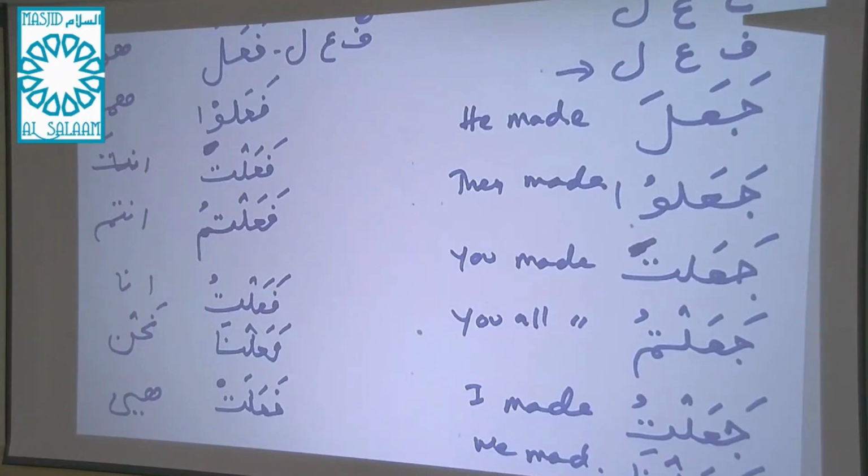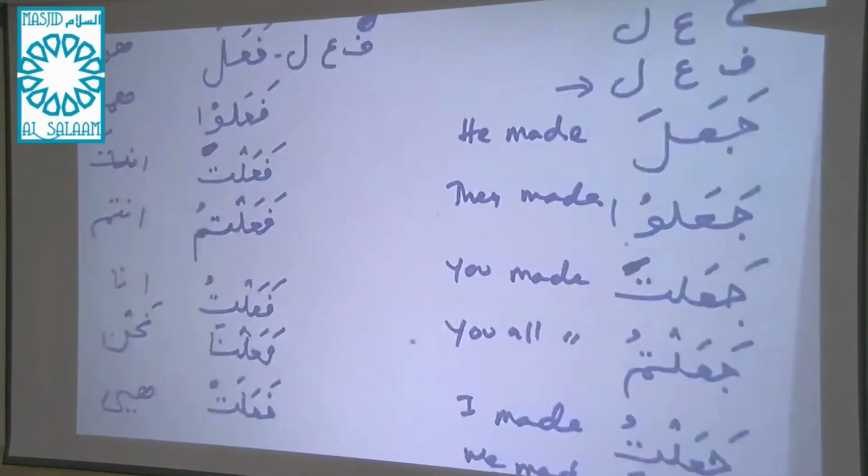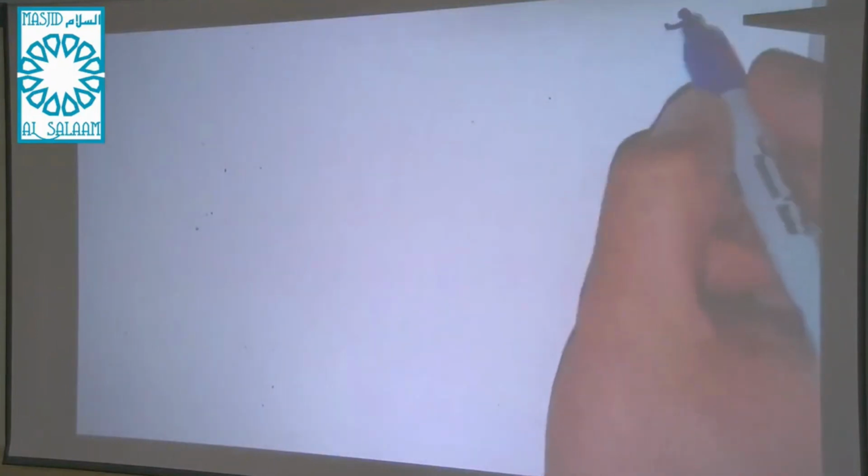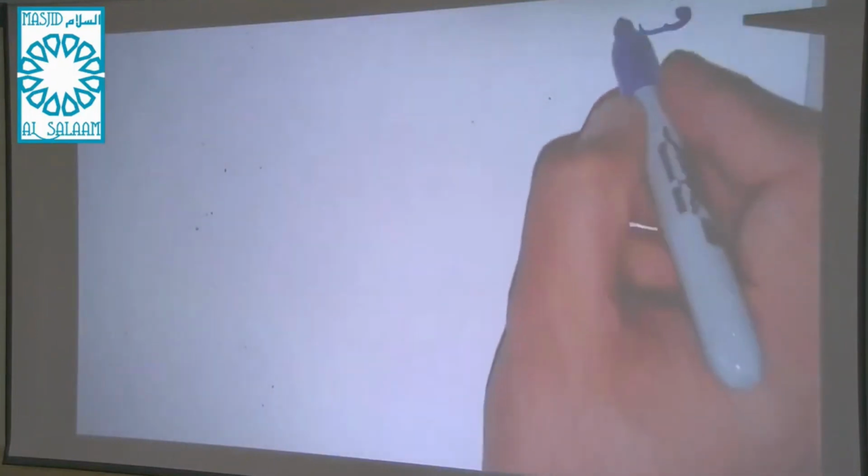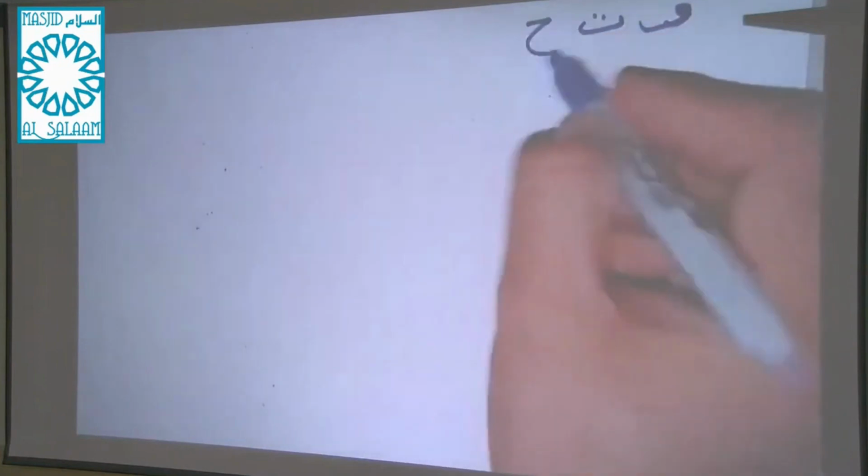So the next word, if I do it without showing you the whole thing, look how easy it is. So fa, then ta, and then ha, right? And in your future learning of Arabic, how would you know these things? That is the most challenging task, finding out the root letters and the pattern. For that, you're going to need an Arabic dictionary.